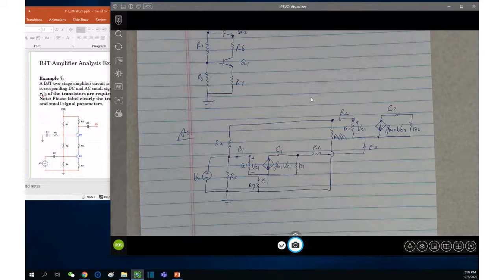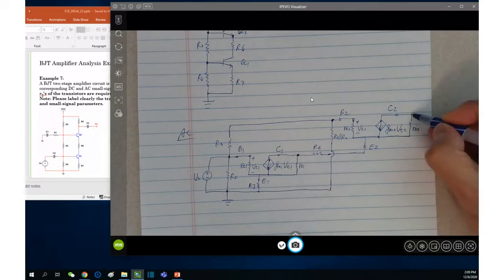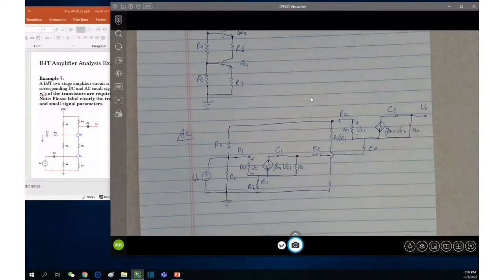And the next, the emitter 2. Emitter 2, we notice that we have taken care of it. Emitter 2 is just connected to R6. That's it. Nothing else. The last one is the collector 2, right? The collector 2, first of all, is output. Okay, never forget this. Collector 2 is output, right?